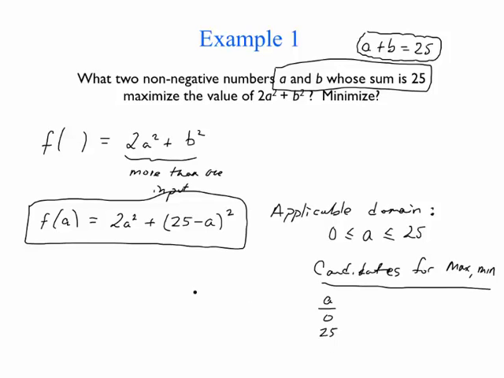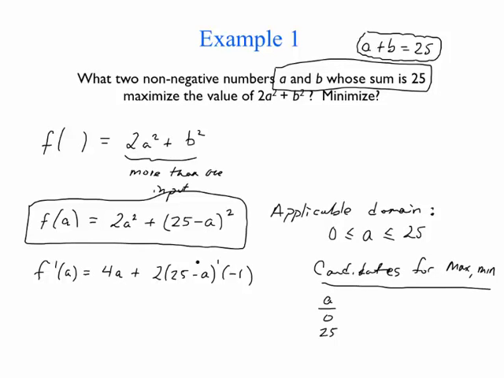We're going to find those by taking the derivative. F prime of A equals 4A plus 2 times (25 minus A) to the first times negative 1. Masters of derivatives, that's how fast you should be able to do it.